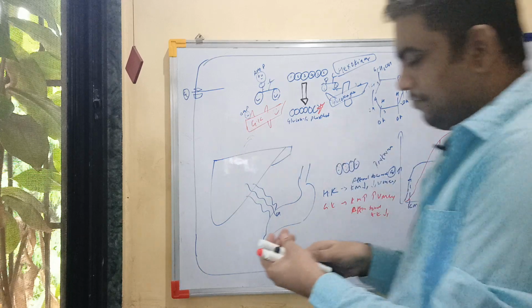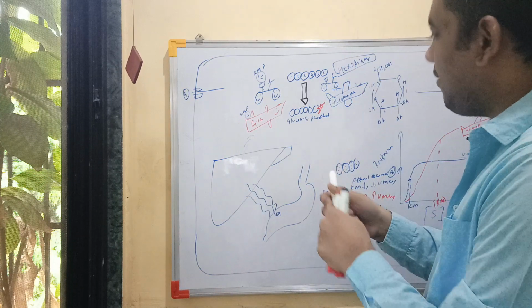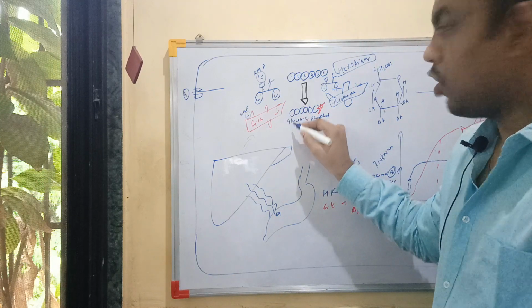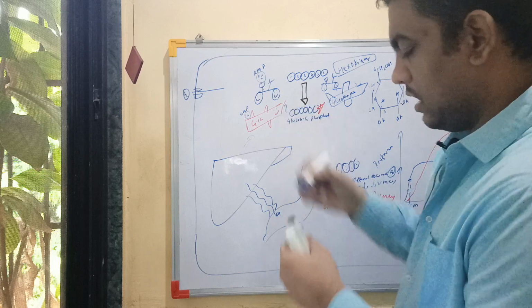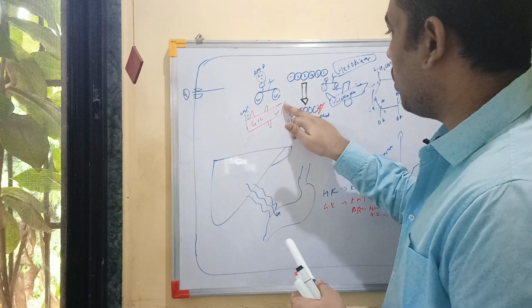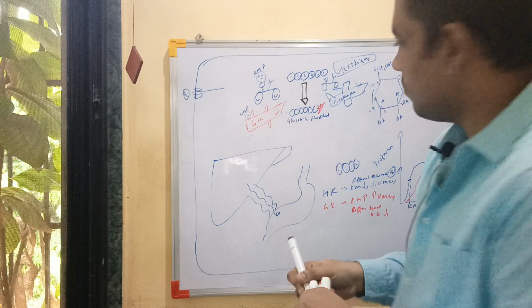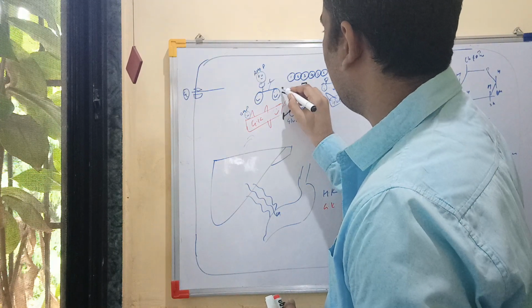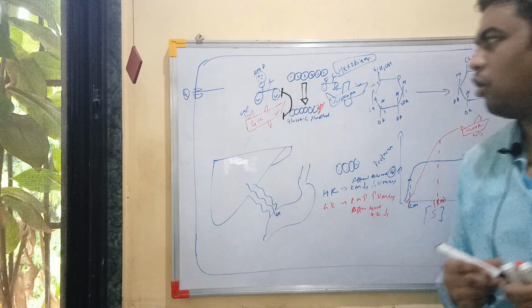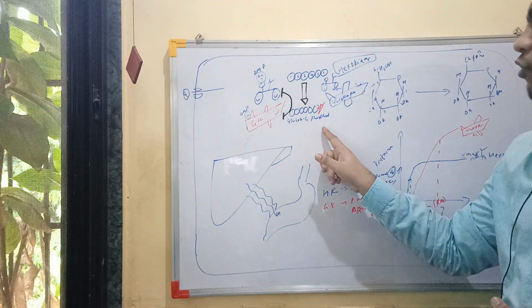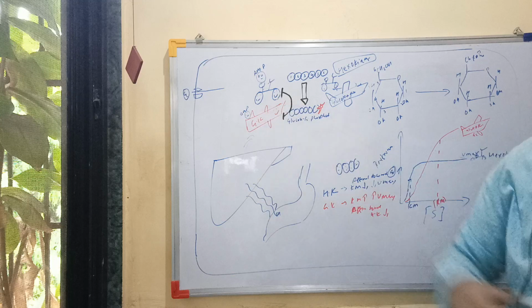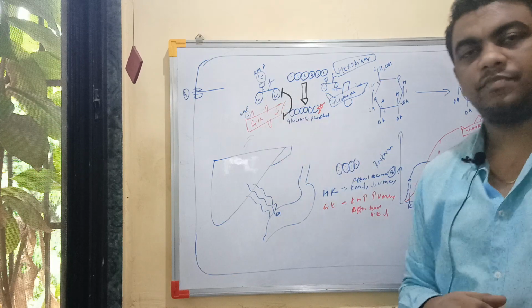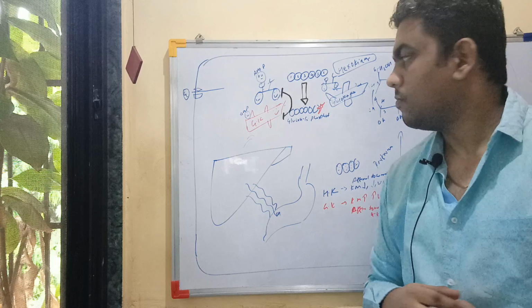And these enzymes can be inhibited by glucose 6-phosphate. The glucose 6-phosphate can inhibit hexokinase and glucokinase.